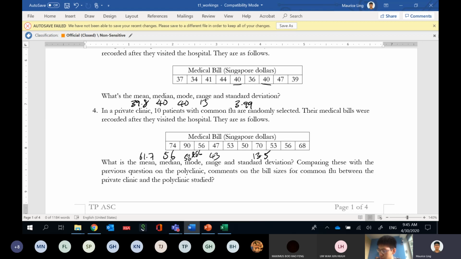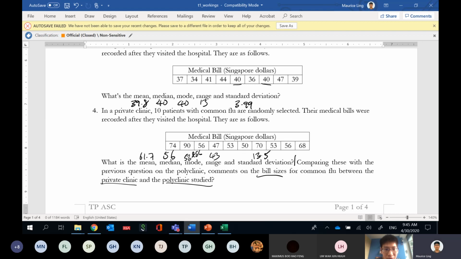Okay. Then the next part is to ask you to compare this question with that of the previous question. Comment on the bill size between private clinic and polyclinic. So what can you say? So we can say that the mean, median, mode, range, and standard deviation for the private clinic is larger as compared to the polyclinics.